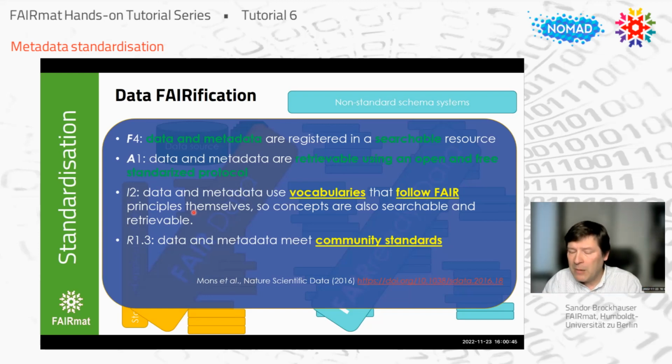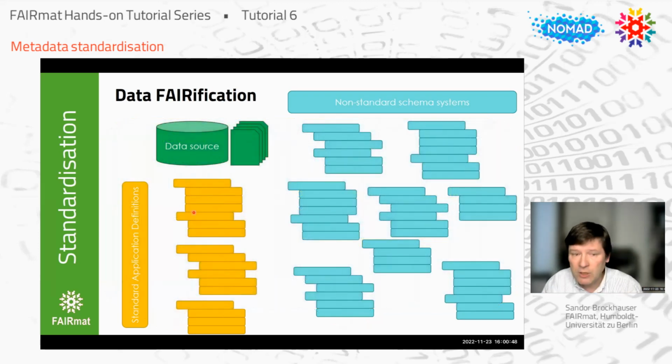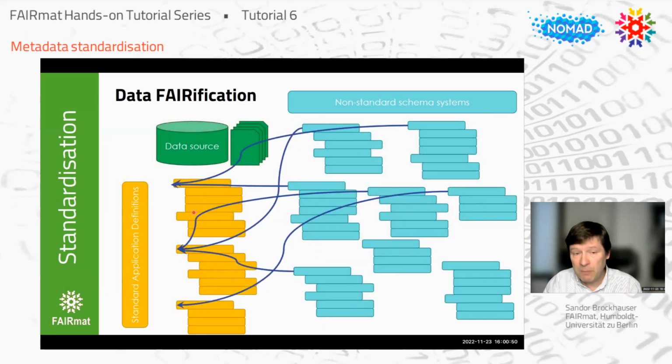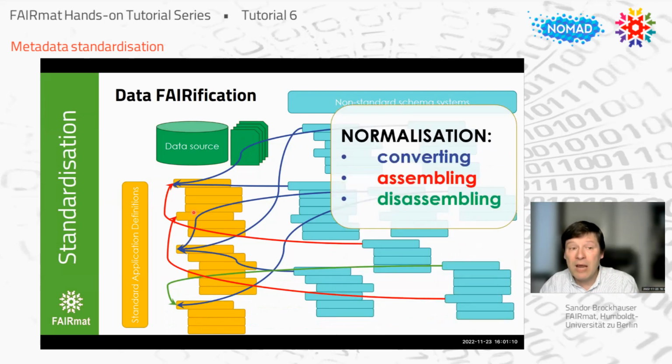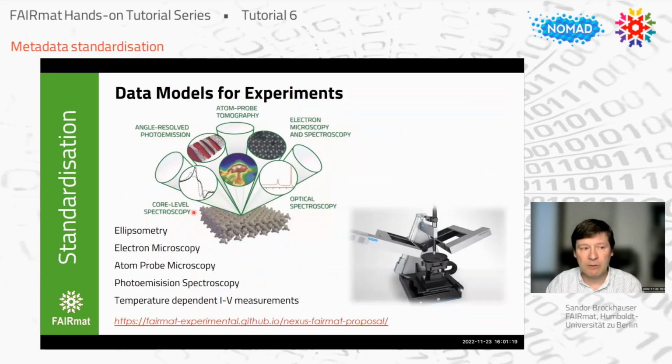So this is not FAIR, but it is already FAIR-ready, because if you have all this information properly stored, then you can already convert things to a standard if it exists, or if a new standard comes up later, you can make the conversion. You may want to assemble different concepts together or disassemble concepts. With this, you can normalize your FAIR-ready data and convert it to FAIR data at a later point. Converting, assembling, and disassembling. That's what you have to do.